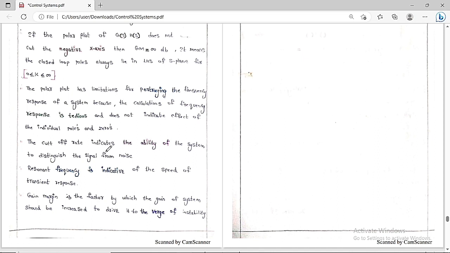Basically, they are saying that the polar plot has some limitations for portraying the frequency response of a system.